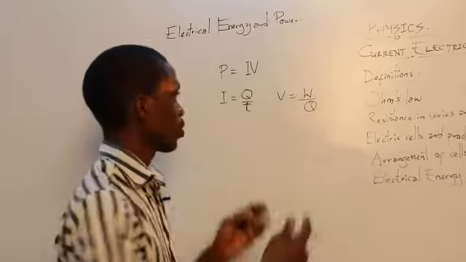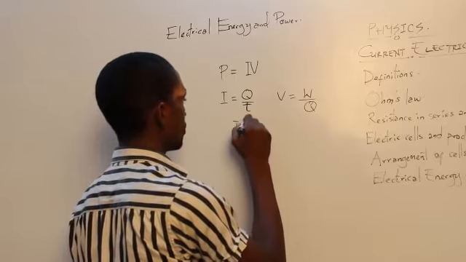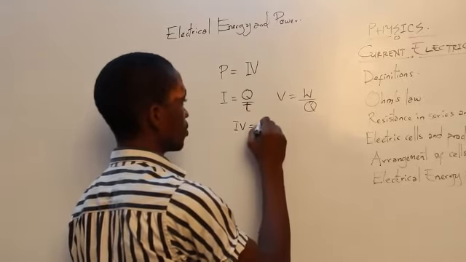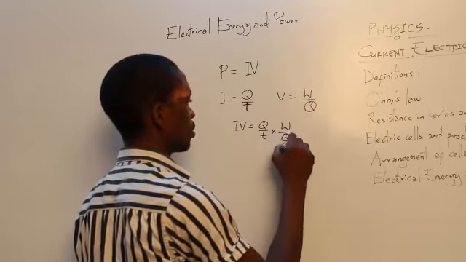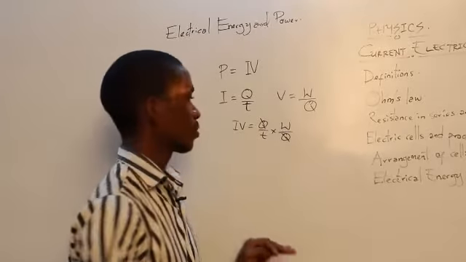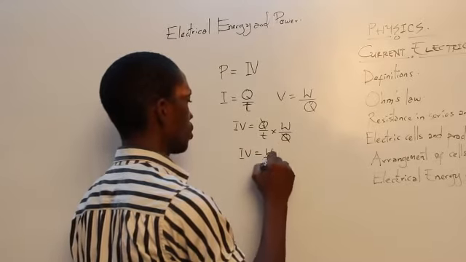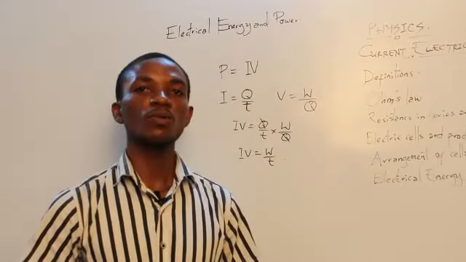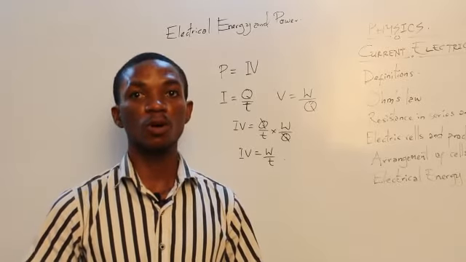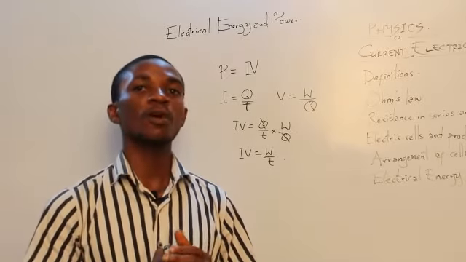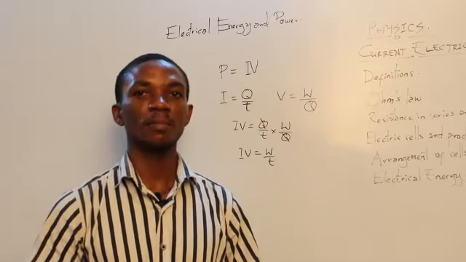So when we relate this together, our IV will be equal to Q/T multiplied by W/Q. Q will cancel out and leave us IV equals W/T. And when we define what power is, we define power as the time rate of change of work. That is, the amount of work expended per time.